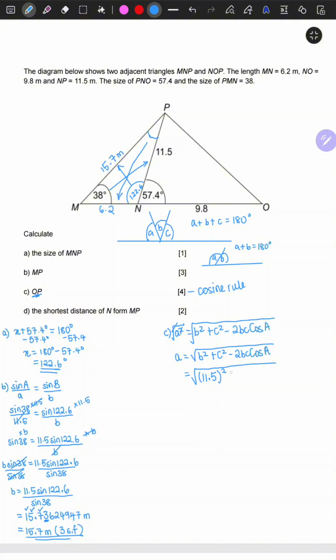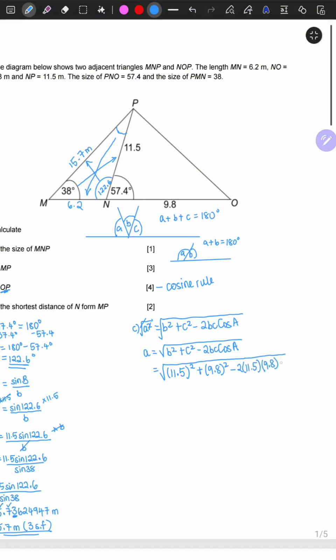I'll start with 11.5 plus 9.8 squared minus 2 times 11.5 for b, 9.8 for c, cos 57.4, which is the angle that is enclosed by those two sides. So we're going to end up having that.